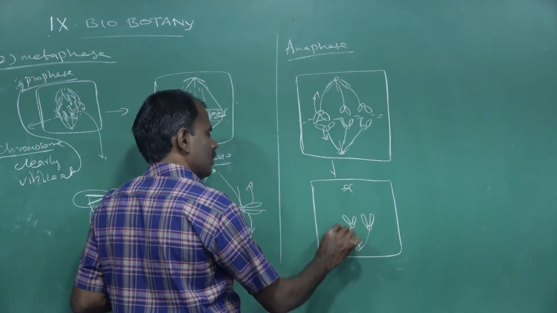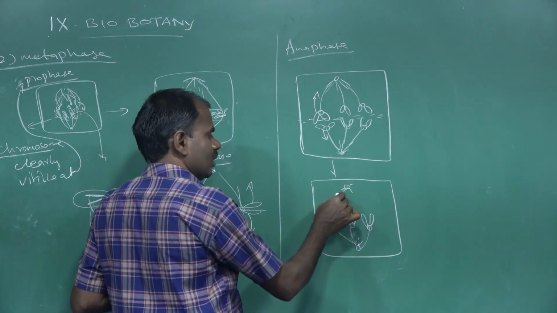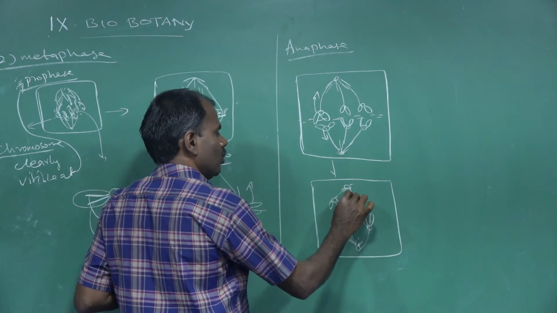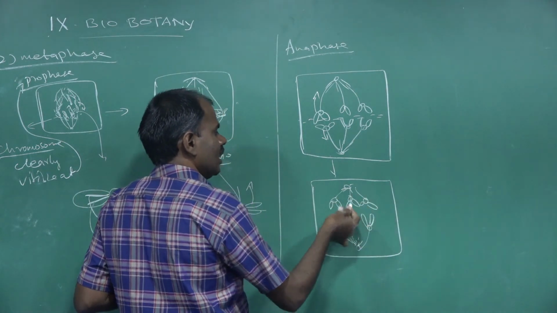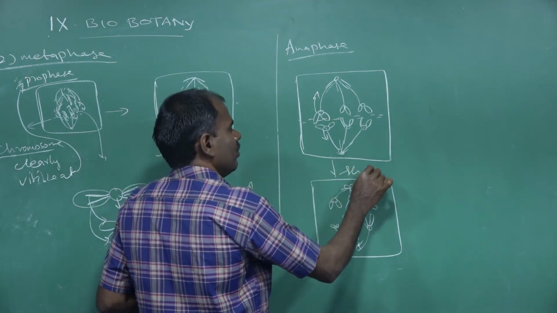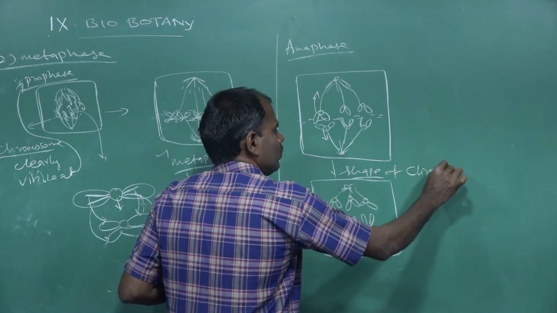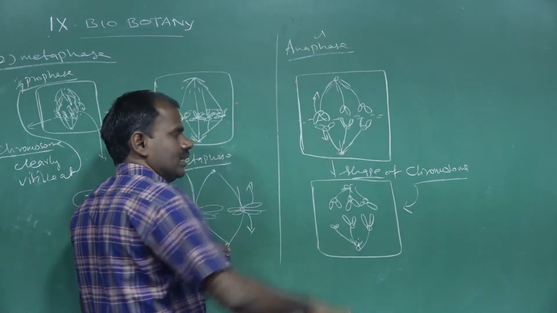Here the shape of the chromosomes may be identified, only in the anaphase stage.